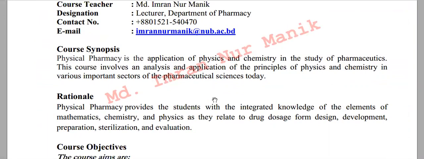You know that in the market there are different types of dosage forms, ranging from solid to semi-solid to liquid, and there are lots of dosage forms in the form of gaseous state. For example, the inhaler.